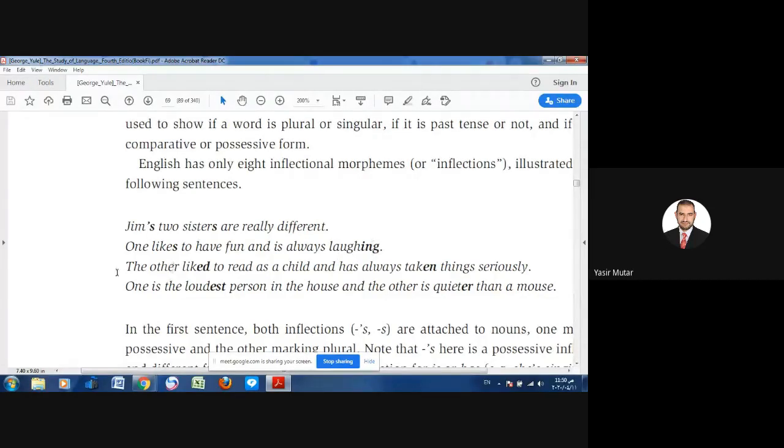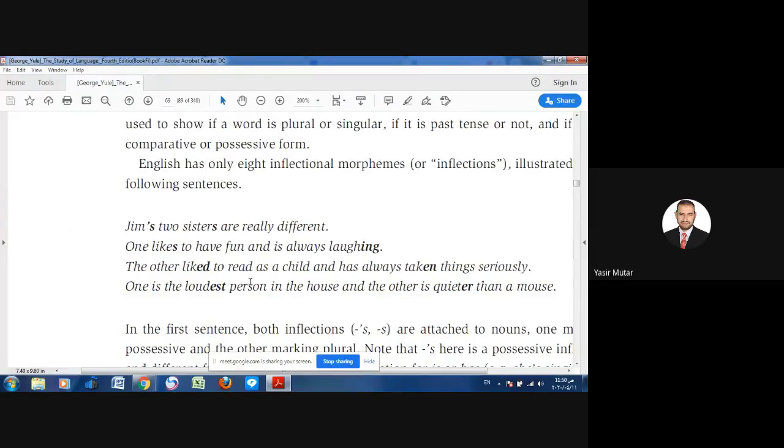The other liked. You see this ed, to identify the past form of the verb.